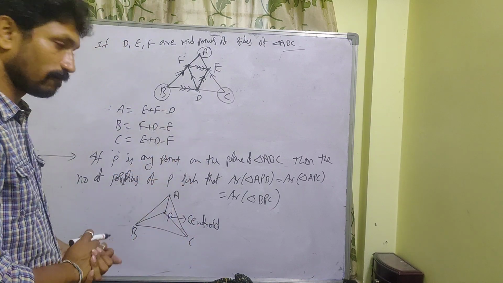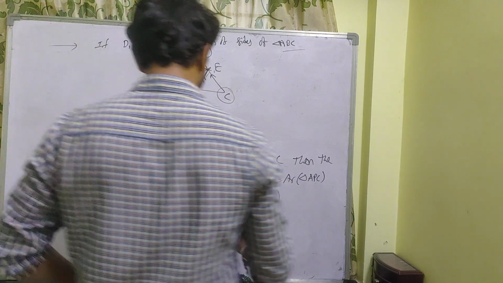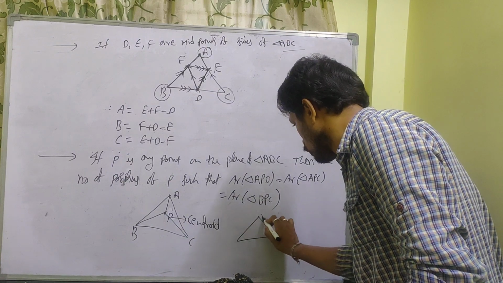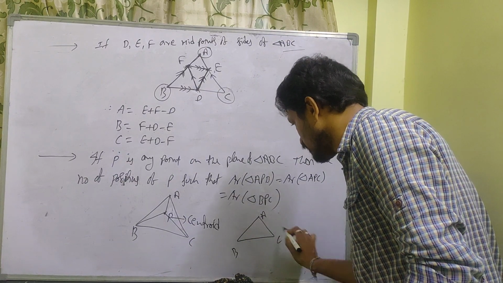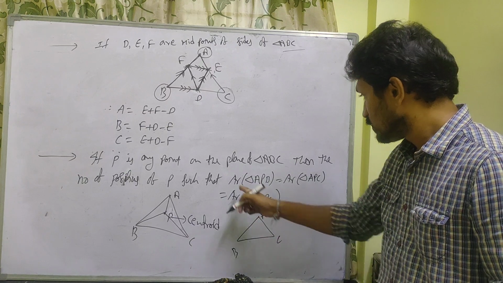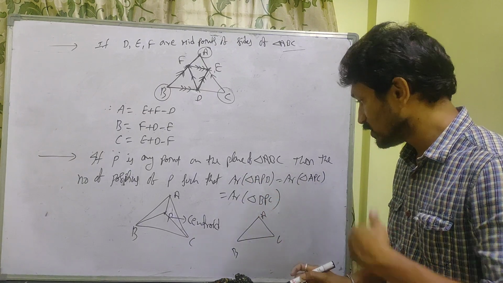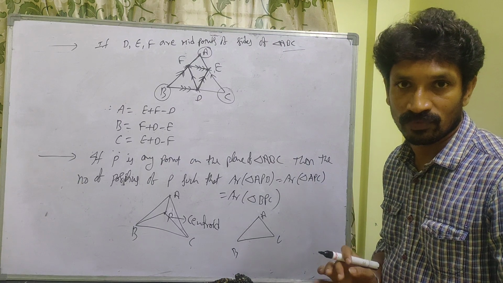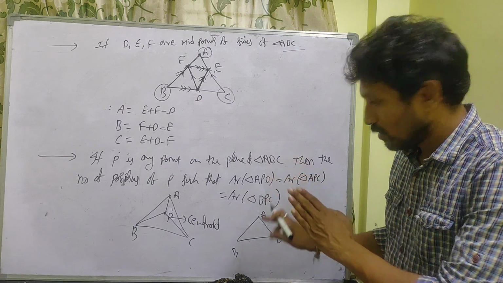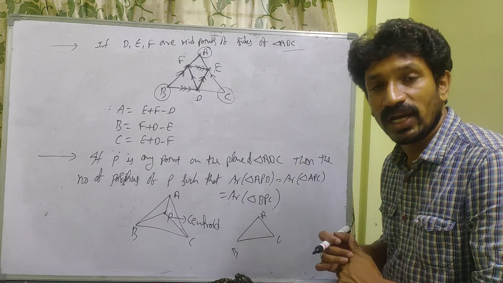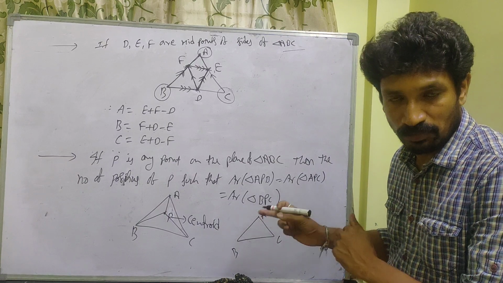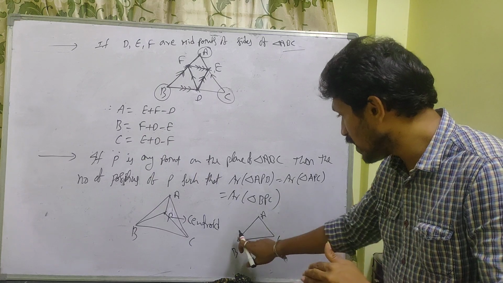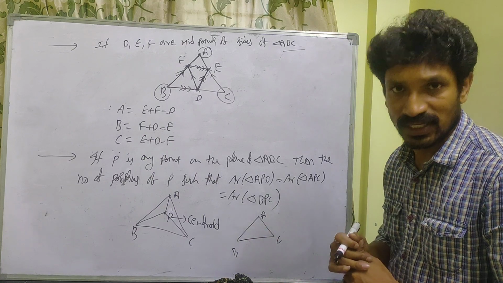In other words, it is triangle ABC. Satisfying these three conditions means that P should be one of the vertices of the parallelogram formed by these three vertices ABC.